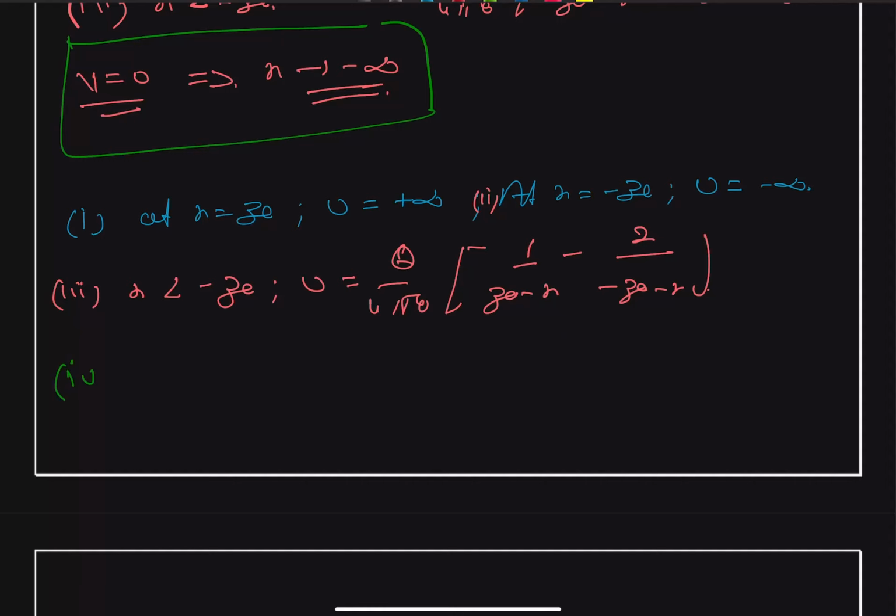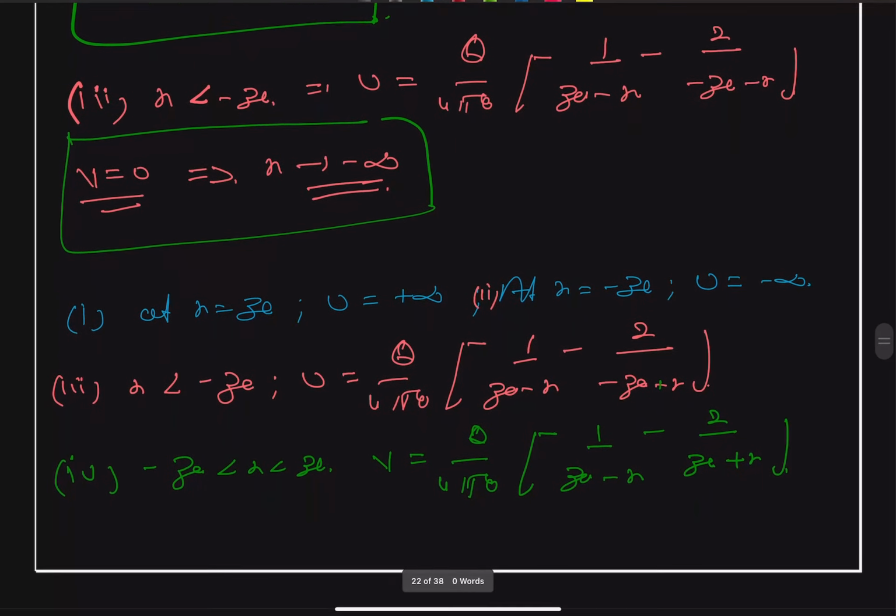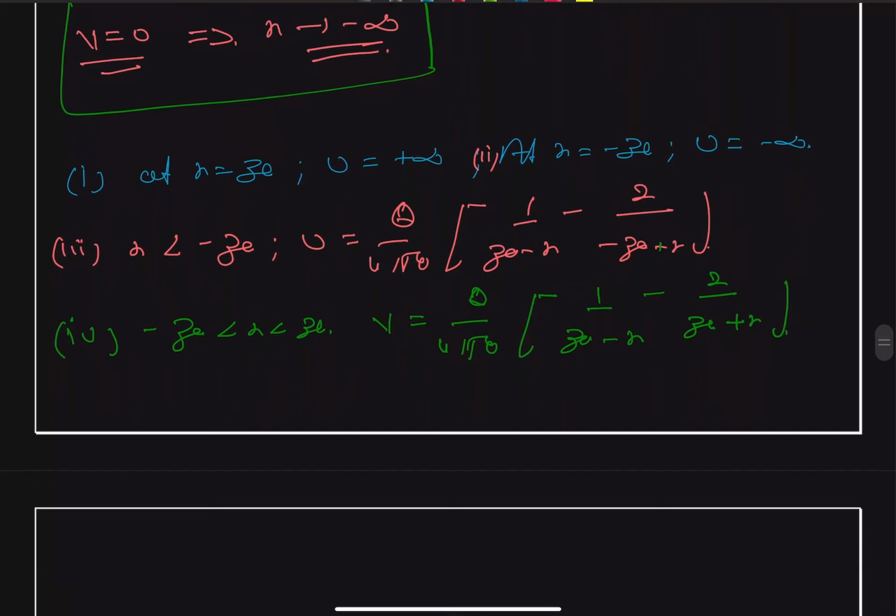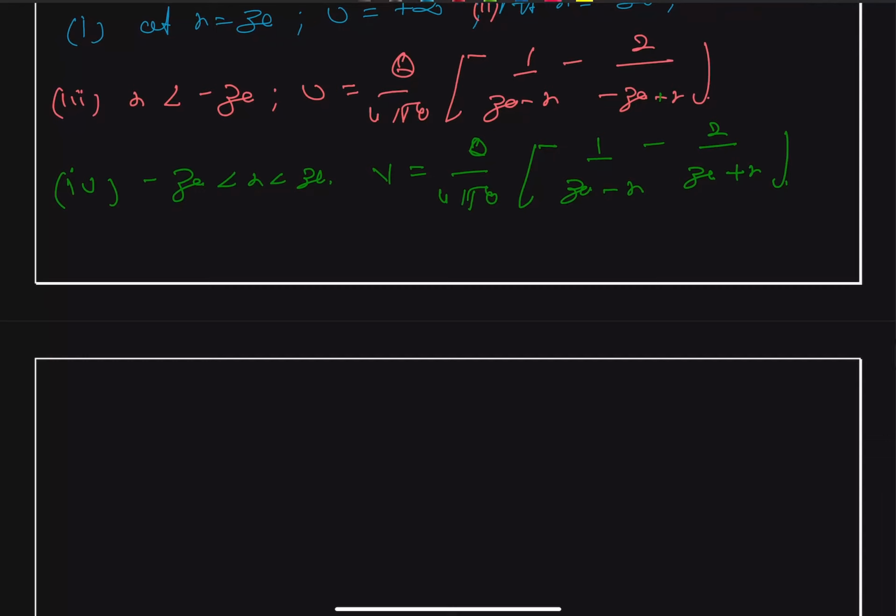And our fourth point, for minus 3a less than x less than 3a, the expression for V is equal to Q upon 4 pi epsilon naught times 1 upon 3a minus x minus 2 upon 3a plus x.